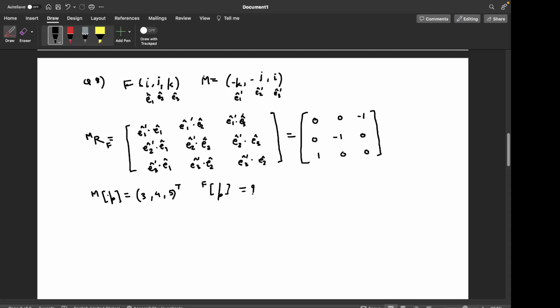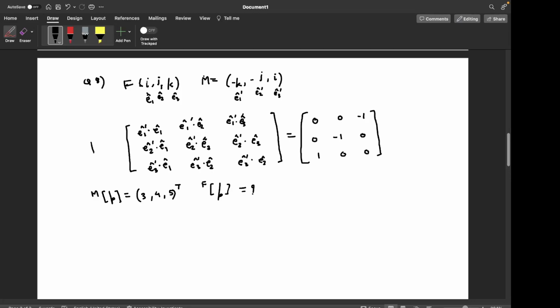So now if we multiply the rotation matrix, wait, I will rewrite this.